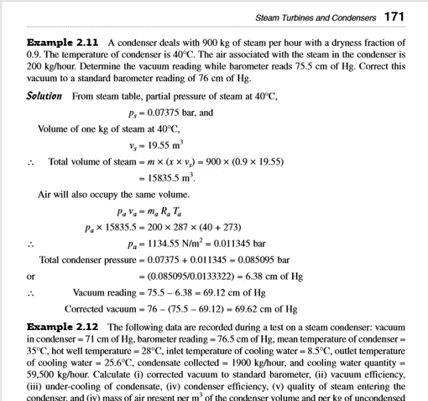So the vacuum reading is 69.12 centimeter of Hg. Then next find the corrected vacuum, that is 76 minus (75.5 minus 69.12) equal to 69.62 centimeter of Hg.